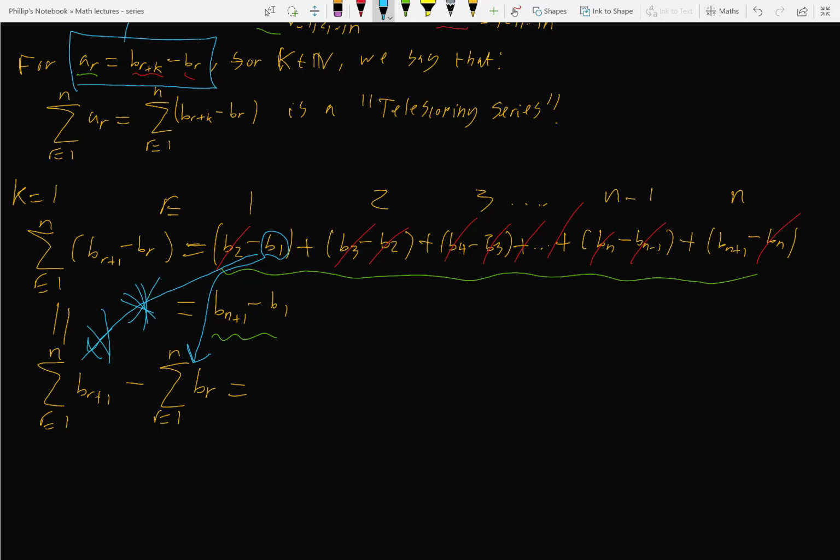There's going to be no minus b1 in this equation because it starts at b2 plus b3 plus, and this one is going to be minus b1 minus b2 minus b3 plus bn plus 1. This one's minus b1 minus b3 all the way to minus bn.